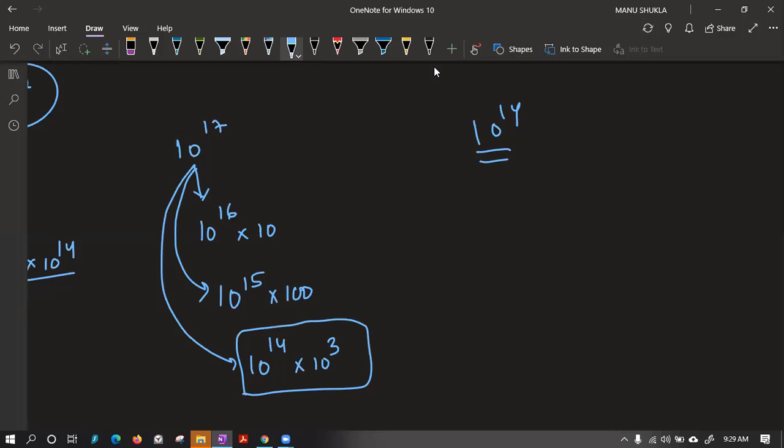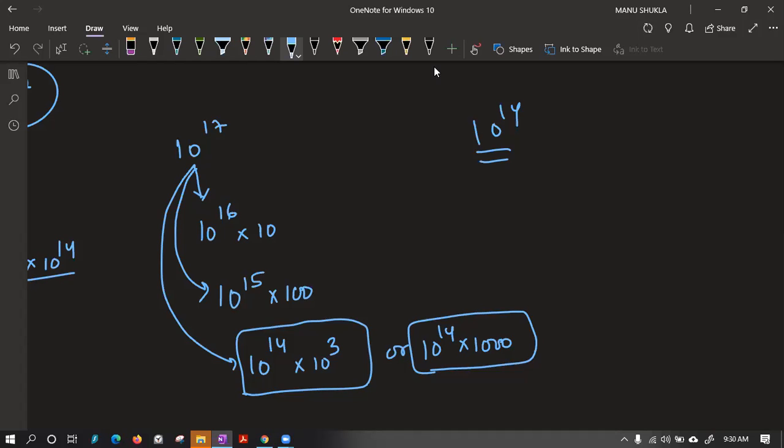Please tell. Ashmit, I'm just trying to write the same number in different way. Or you can write 10 power 14 into 1000. They are the same thing.